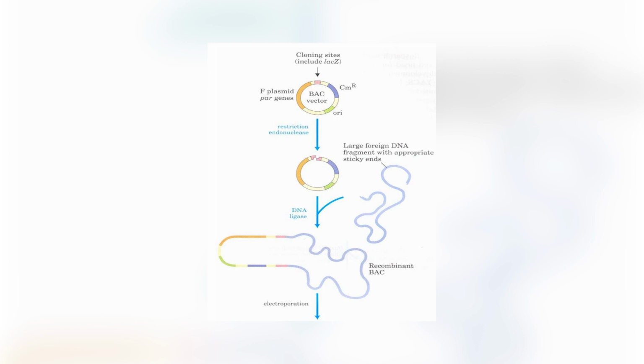So, the colonies which appear on the plates containing chloramphenicol will help us identify that these cells are recombinant, they carry the recombinant BACs, and you can easily identify the recombinant from the non-recombinant on these specifically designed selection plates.